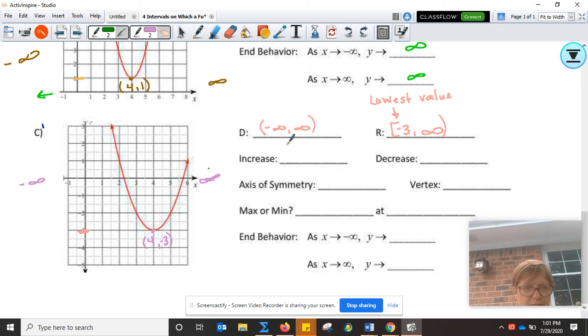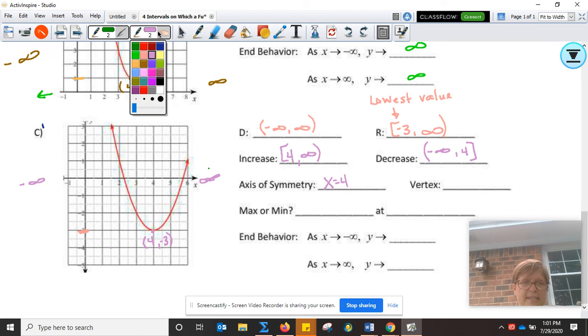So we're increasing at 4, comma, infinity. We're decreasing at negative infinity, comma, 4. And those are brackets because we use them. Your axis of symmetry is x equals 4. All right. When you plug that axis of symmetry in, your vertex is (4, negative 3).